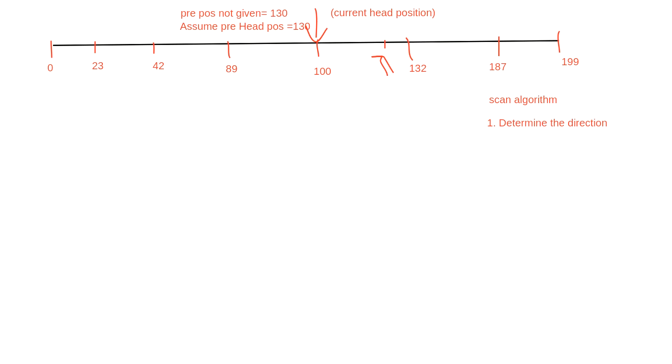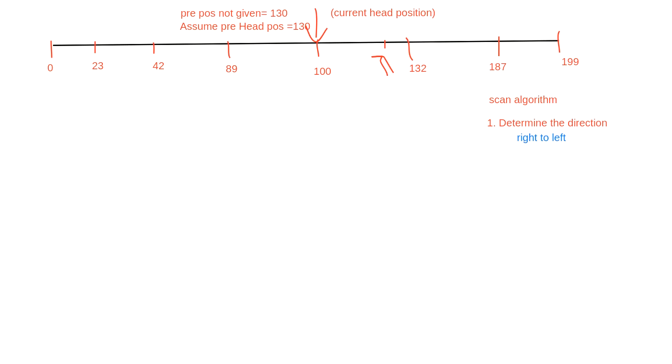So let us solve this now with the help of these things. Here we got the direction as right to left. The current position is this. So what is the next request?